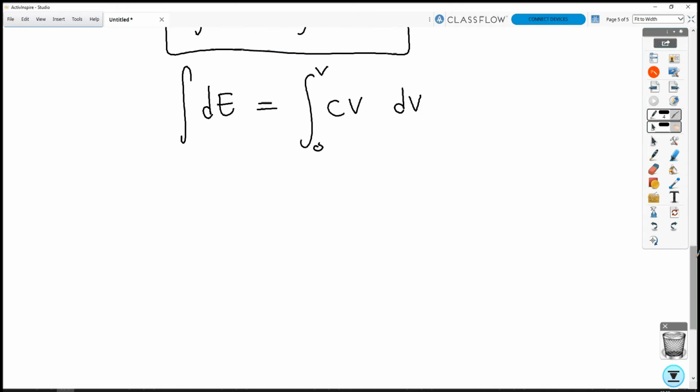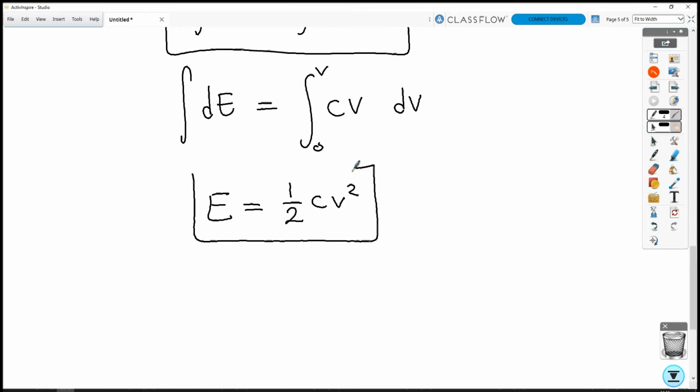And so integrating this, if you integrate the infinitely small change in energy, that just becomes energy, is equal to CV integrated, which becomes a half CV squared. If we quickly evaluate the limits, we have a half CV squared minus 0, so that's just a half CV squared. And that's our energy equation.